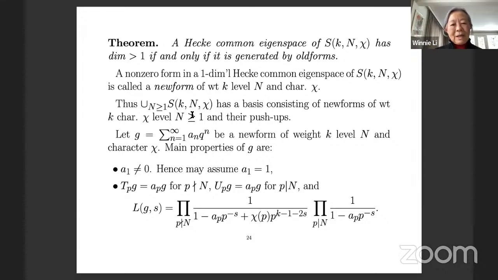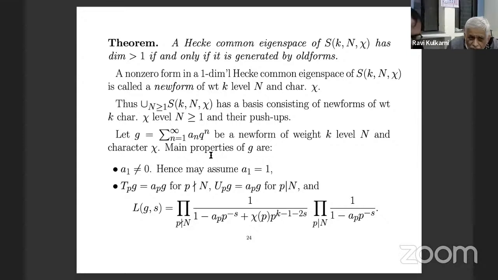So to understand the congruence modular forms, it suffices to understand a newform of a given level. So now let's take g to be a newform of level N, weight k and character χ. Let me summarize the main properties of this newform.